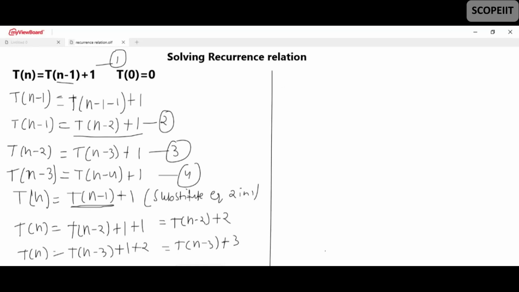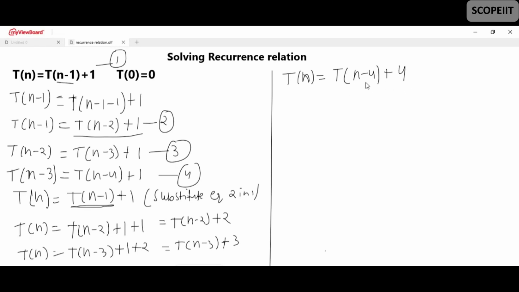Next we'll substitute equation 4 in 3. Instead of T of n minus 3, we'll replace it with T of n minus 4 plus 1. So 3 plus 1 is 4. This is the final equation we will get.